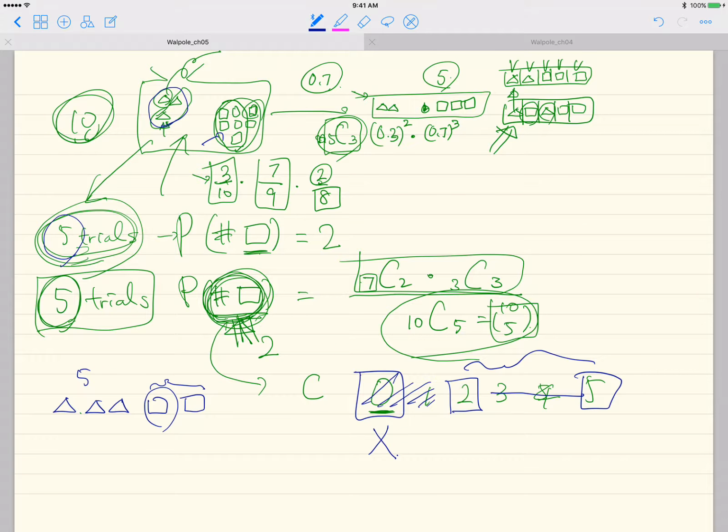Those 4 different values will form our event space. Then each of these probability values is computed similarly to this equation. Any questions?